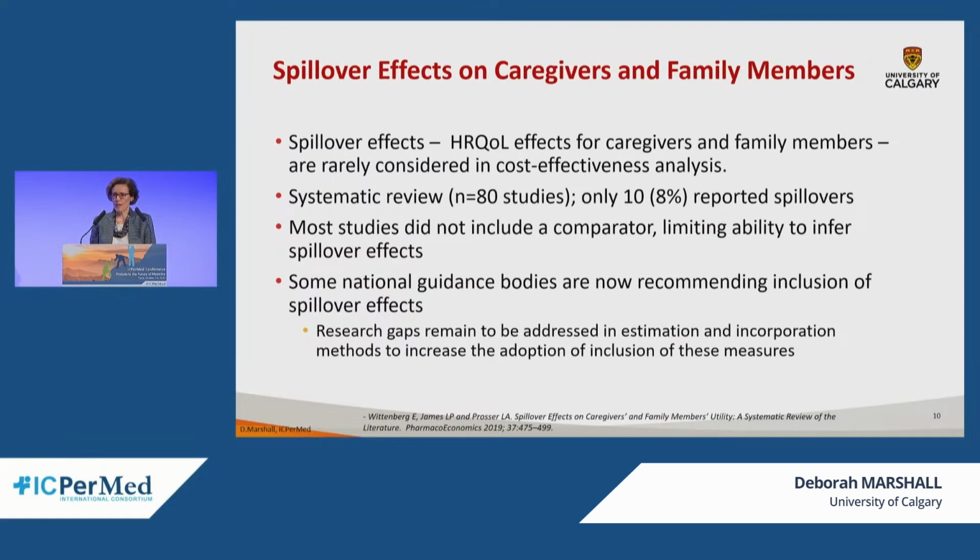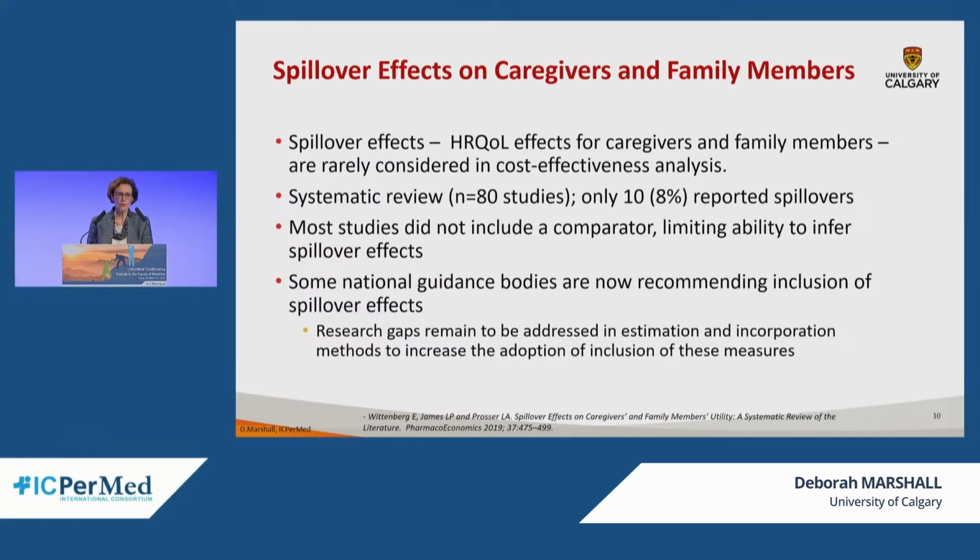Secondly, spillover effects. So spillover effects are these consequences on health-related quality of life, which is HRQOL on the slide, to caregivers and family members. These are rarely considered in cost effectiveness. And again, there are lots of other studies, but I pick out this one because it's a systematic review that's recent. So in these 80 studies, only 8% actually reported any of these kinds of spillover effects.